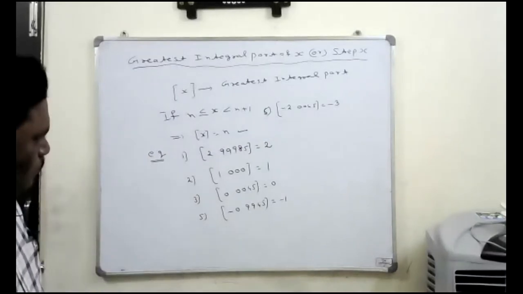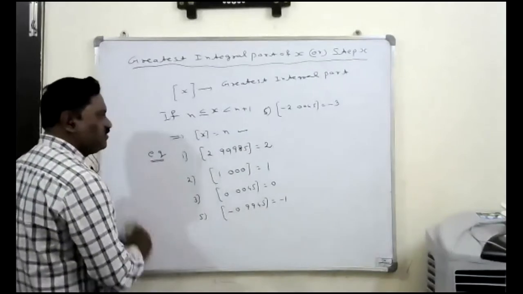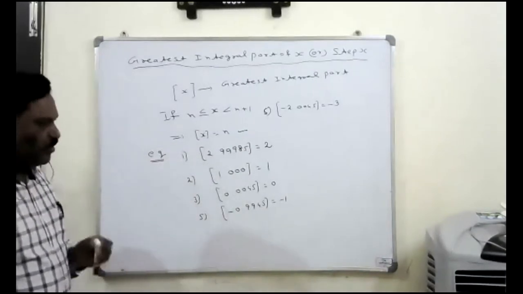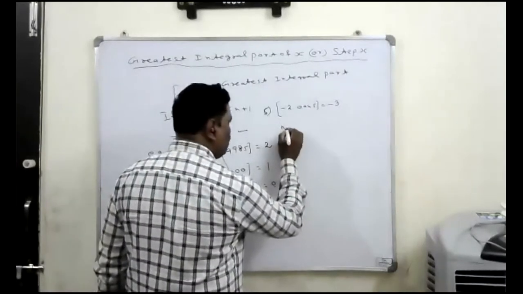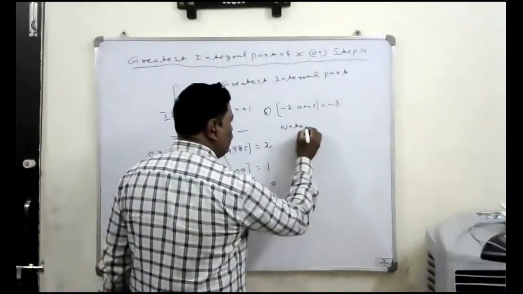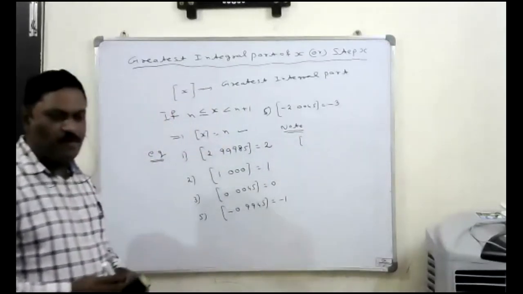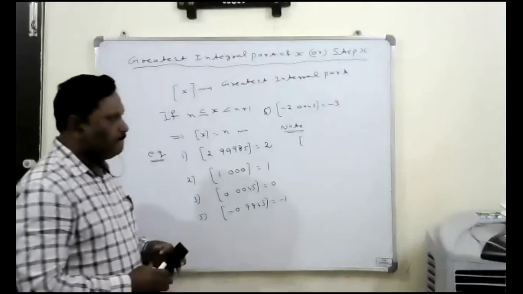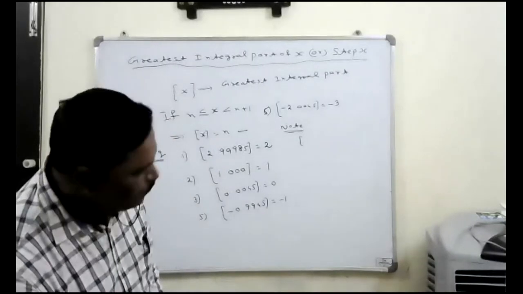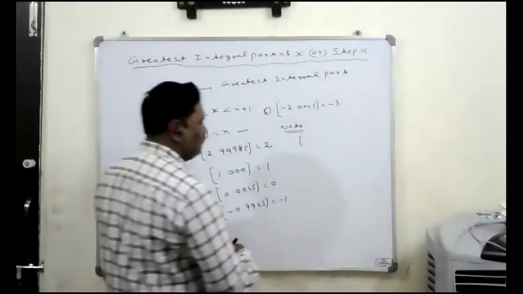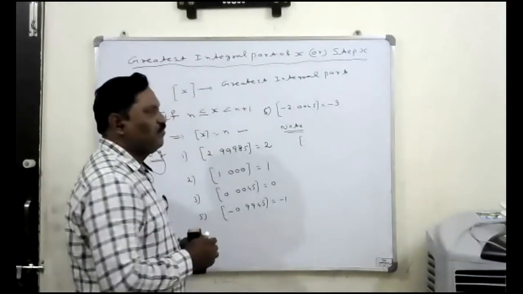Okay. Now, about this greatest integral part of x, you have to remember some properties also. In that, look at this note. First, listen. Negative 2.0045 का negative 3 कैसे होगा?